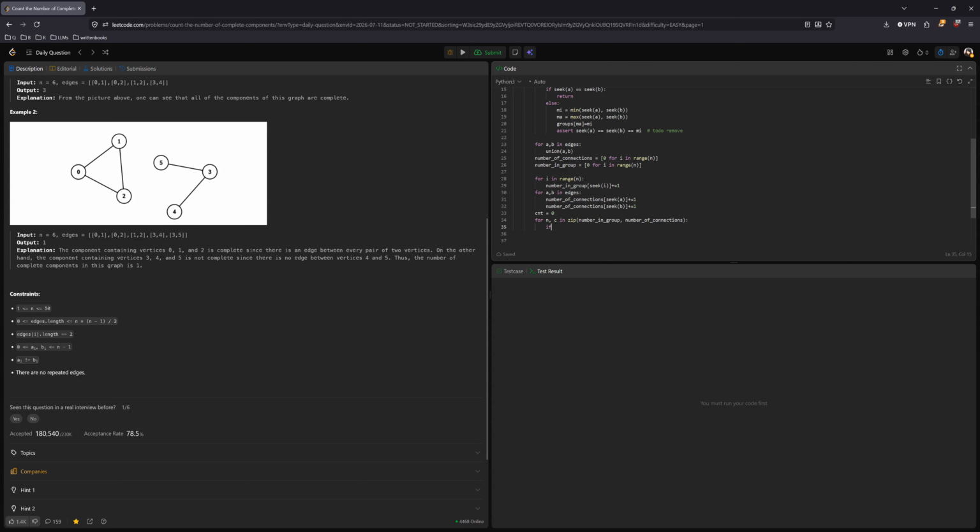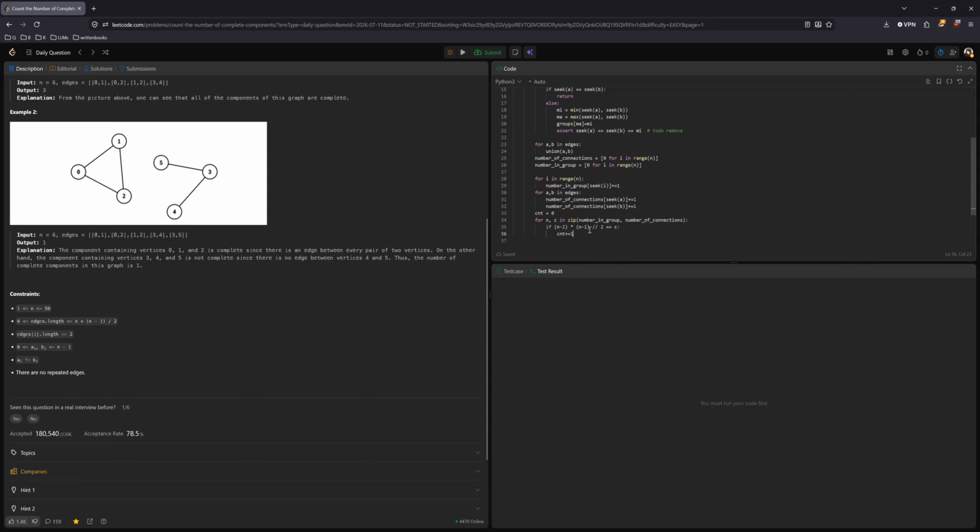Let's see. If c minus 2 times c minus 1 divided by 2 equals... Yep, that's not what I meant to do. Equals c, then cnt plus equals 1. Is that correct?